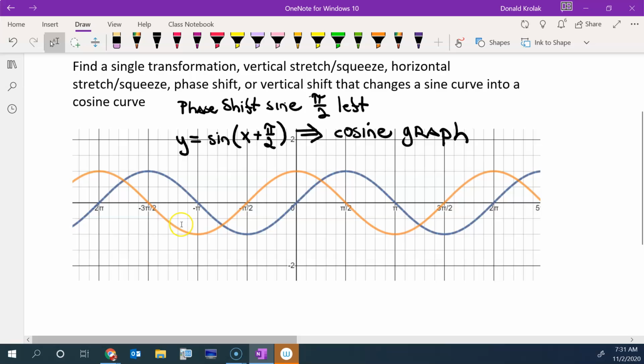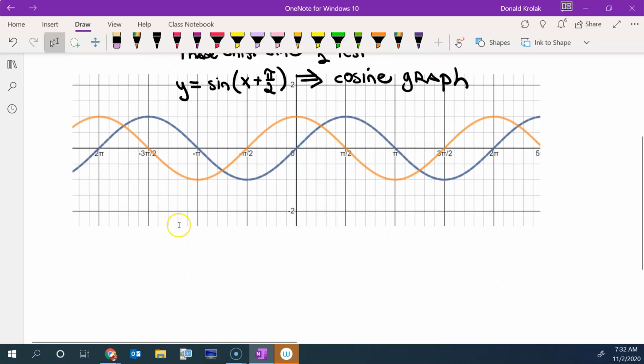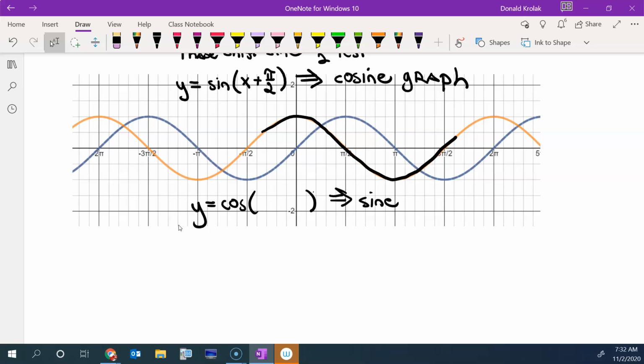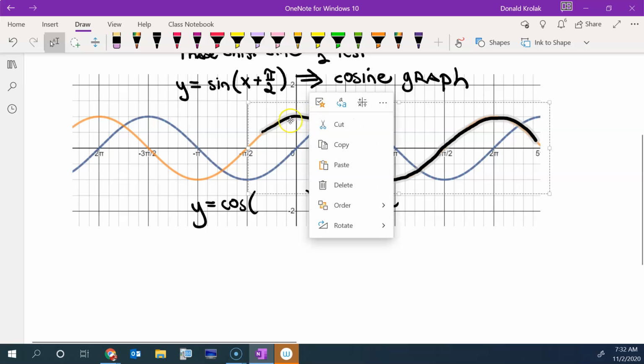Okay, what could you do to a cosine graph to turn it into a sine graph? So what would we do here to turn this into a sine? So that's taking the orange graph and sliding it until it coincides with the blue graph.